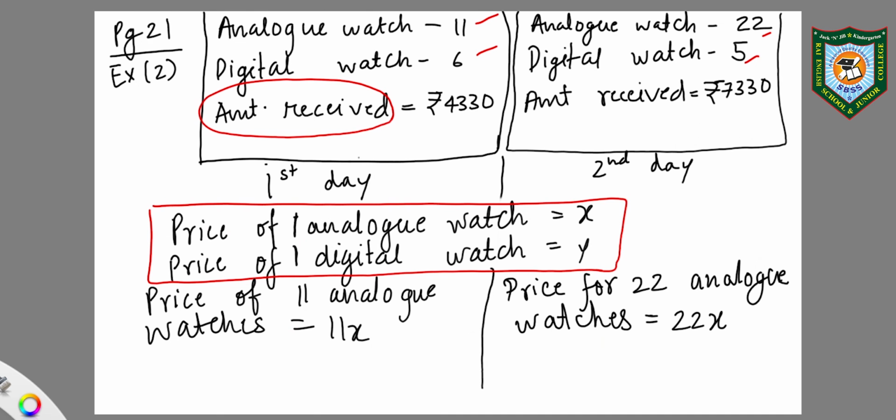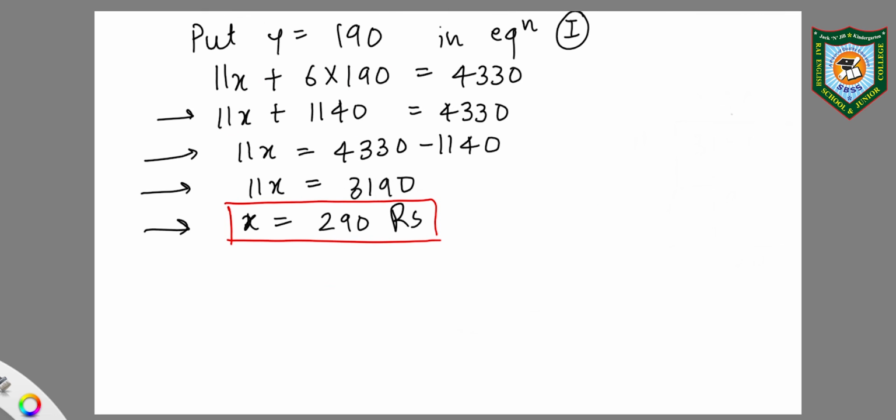Now back to our original question. The price of one analog watch is x. The question says that we need to find the selling price of wristwatch of each type.